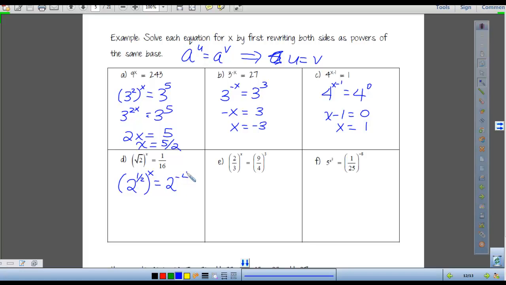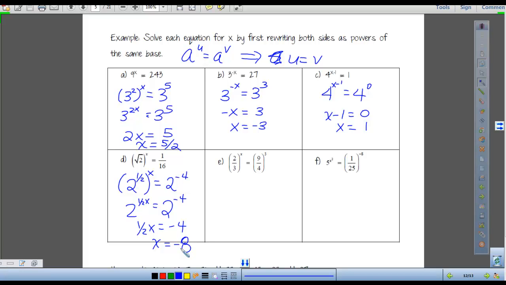Okay, 2 to the negative 4. Right? 1 over 2 to the 4th is 1 over 16. So it's 2 to the negative 4. So we get 2 to the 1/2 x equals 2 to the negative 4. 1/2 x equals negative 4, or x equals negative 8. Okay, questions about that?